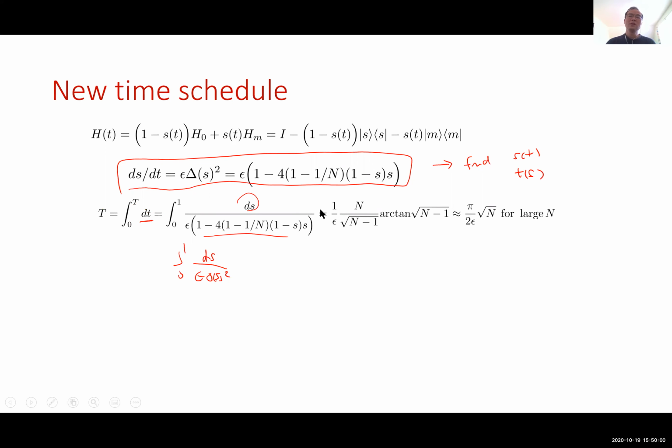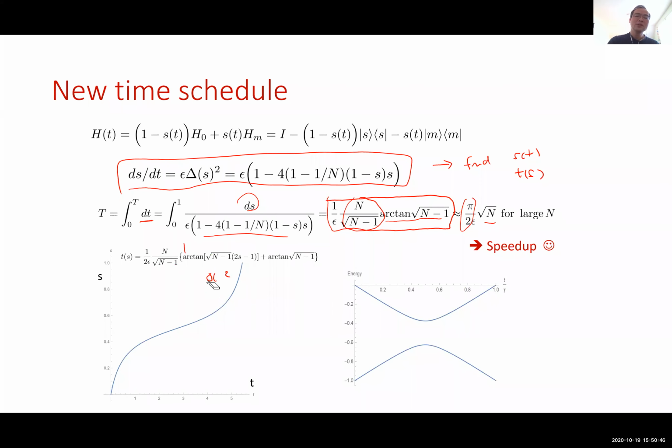You can analytically integrate this, and this is the final expression. When n is large, the arctangent is close to pi over 2, for example. Yeah, it's close to pi over 2 when this is large. And this n over square root of n minus 1 is roughly square root of n for large n. So meaning that the total time we have to run scales as the square root of the number of items. Okay, so we get a speed up.